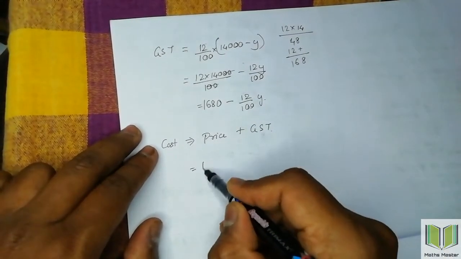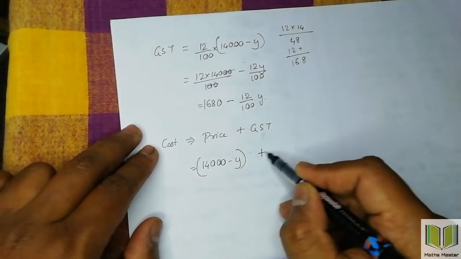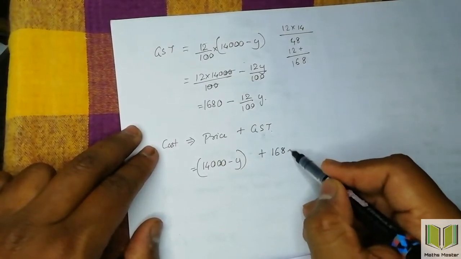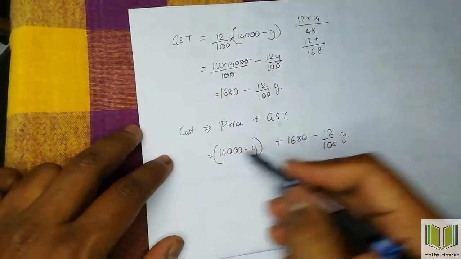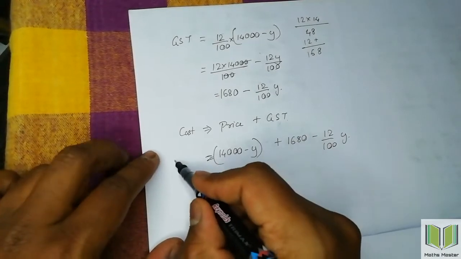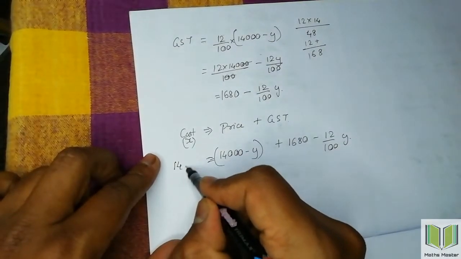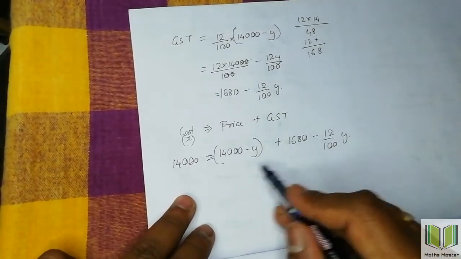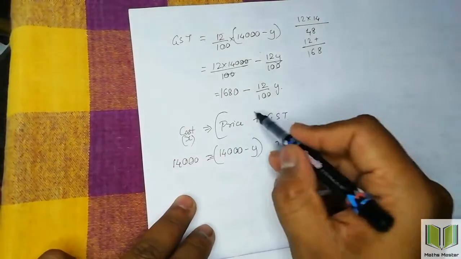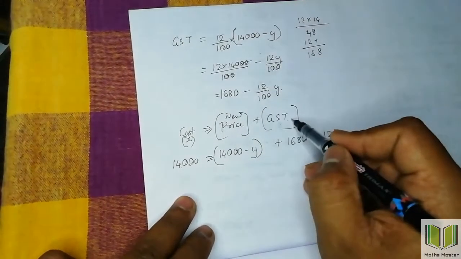The new price was 14,000 minus Y, plus the GST value, which is 1,680 minus 12 by 100 Y, right? This is the cost. We know the actual cost is X, in other words 14,000 rupees. So what they are asking is that 14,000 should be equal to this entire value. Price plus GST: price is nothing but the new price, and GST is on the new price.